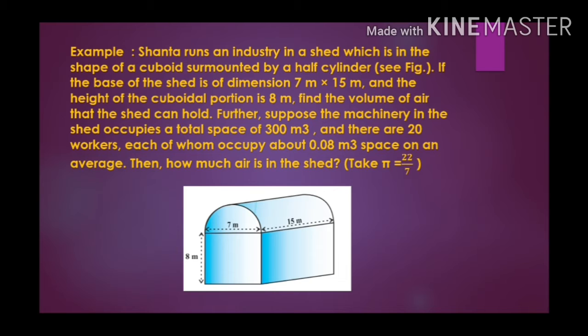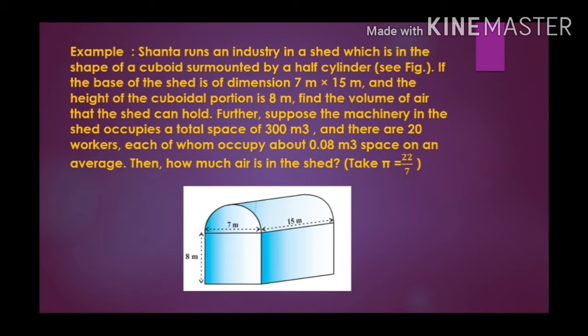Further, suppose the machinery in the shed occupies a total space of 300 meter cube and there are 20 workers, each of whom occupies about 0.08 meter cube space on an average. Then how much air is in the shed?